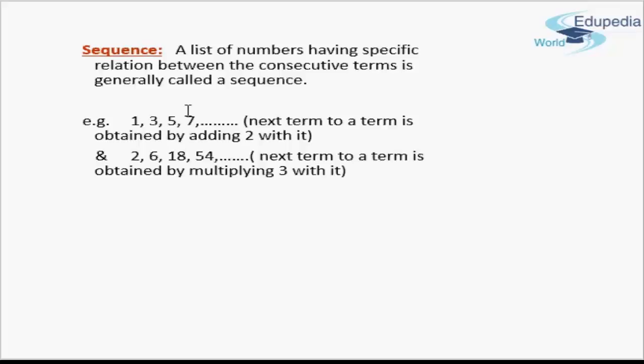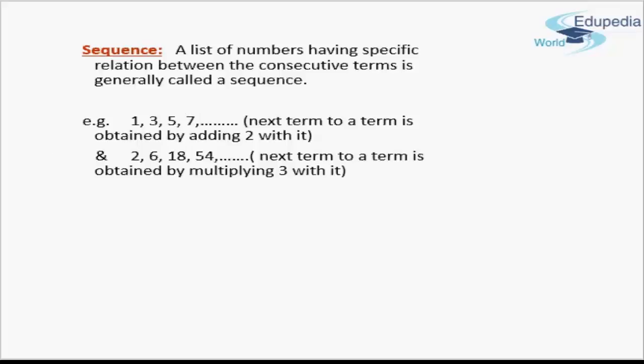This is how this sequence is formed, because since they have a particular relation with each other, we can call this list of numbers, these four numbers, a sequence. And since every next number is found by adding 2 to the previous number, if the sequence was to continue, we would have 7 plus 2, 9 as the next number, and 11 after that.